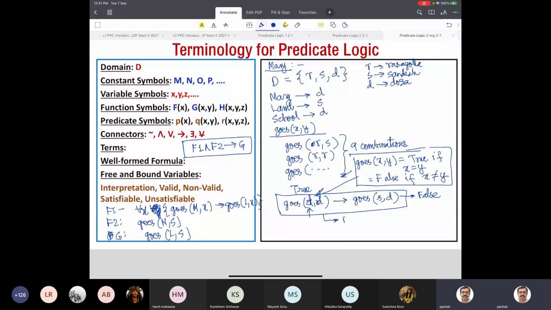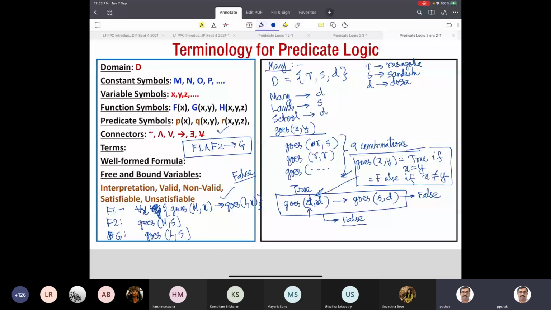Therefore, this formula will become false. So F1 will become false. Is it clear to everybody or not? Yes, sir. So if F1 becomes false, this formula becomes true. F1 and F2 implies G becomes true.